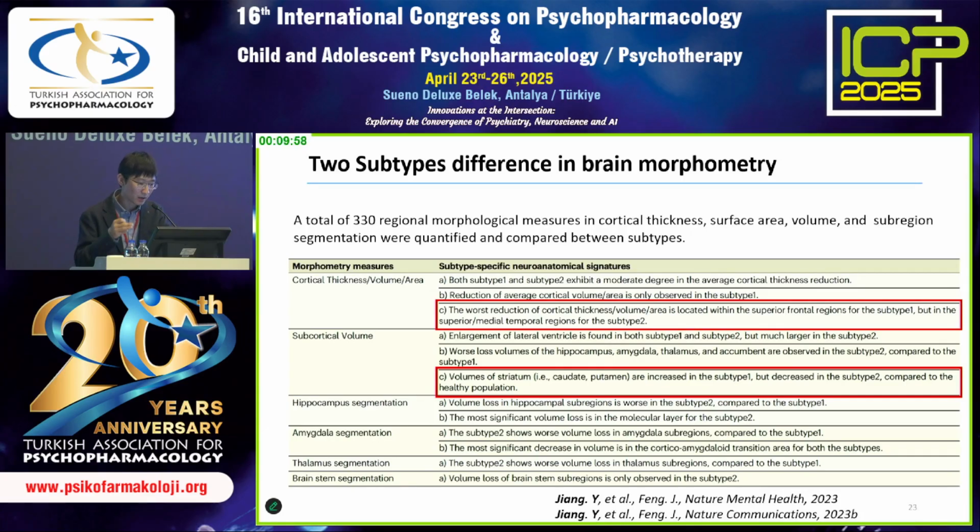Briefly, we found the worst reduction in cortical morphometry is located in the superior frontal regions for subtype 1, but in the temporal regions for subtype 2. And for the subcortical regions, the volume of the striatum is increased in subtype 1, but decreased in subtype 2 compared with healthy controls. This is the main finding in their brain atrophy.